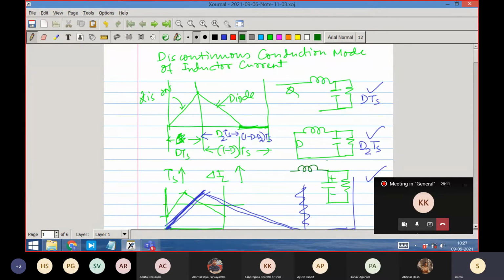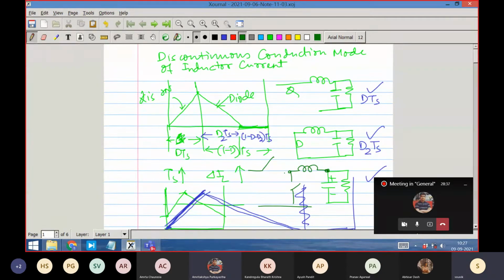What is the status? This switch is on, this diode is not conducting, so that is also like an open situation, right? So what is the voltage across the inductor? What is the voltage across this terminal? V naught. What is the voltage at this terminal? No current is there. So what is the voltage at this terminal?